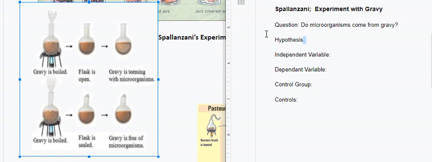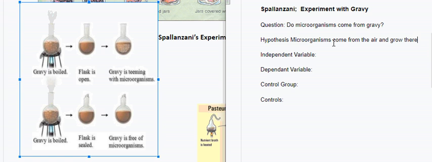And your hypothesis might be, the microorganisms come from the air and grow there.